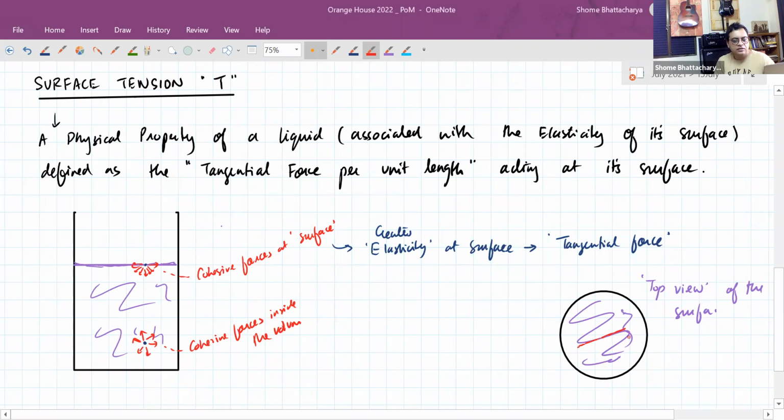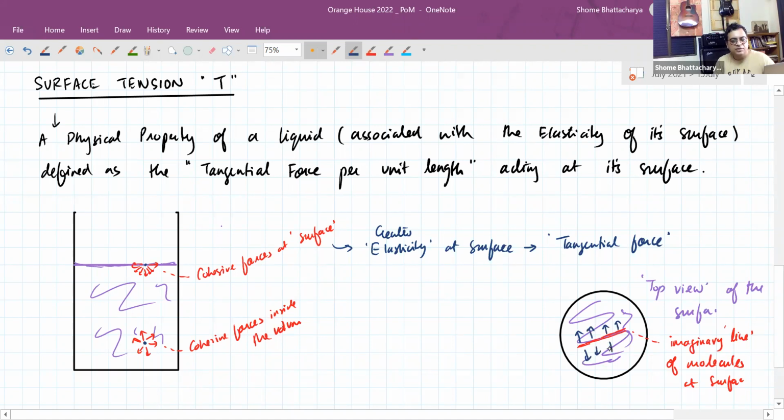So this red colored line, it's an imaginary line of molecules. Okay. So that will be experiencing tangential force like this from both the sides.